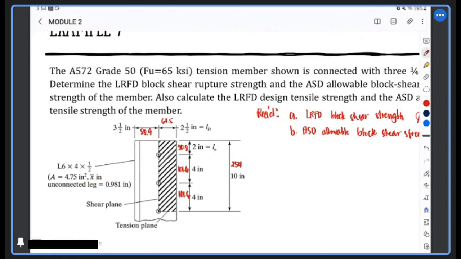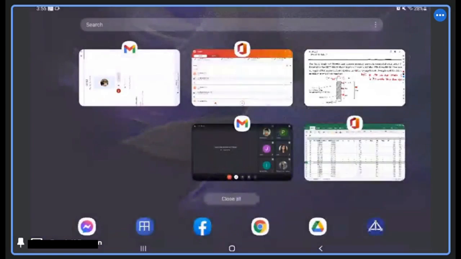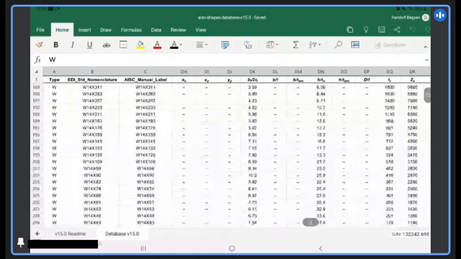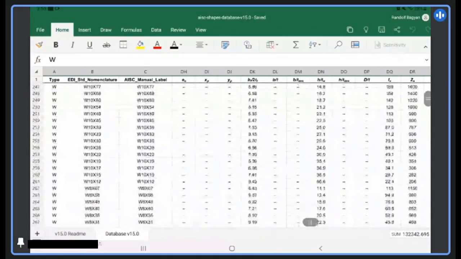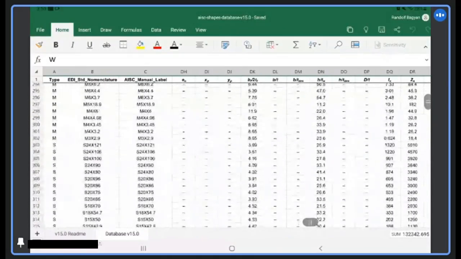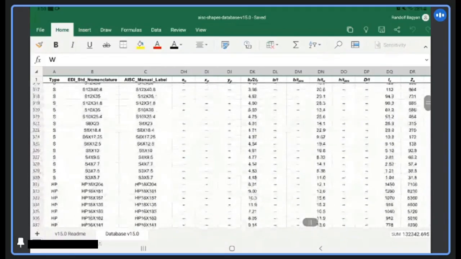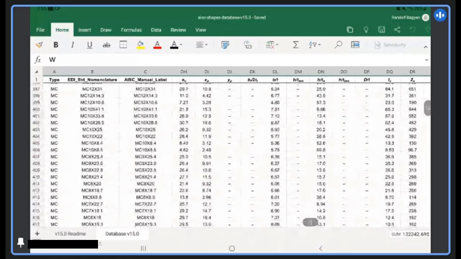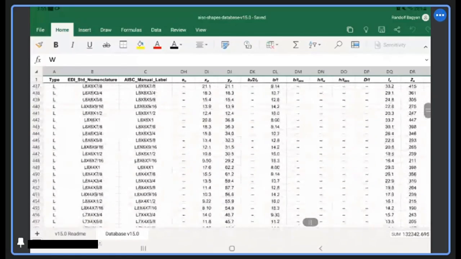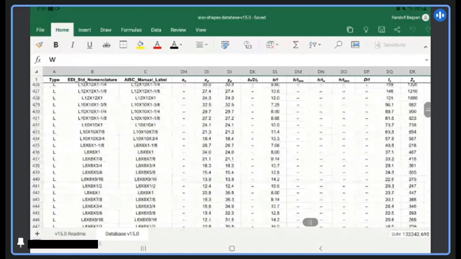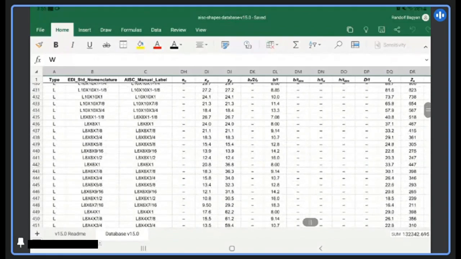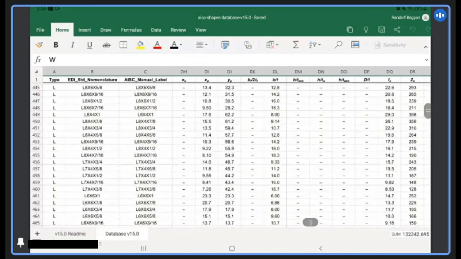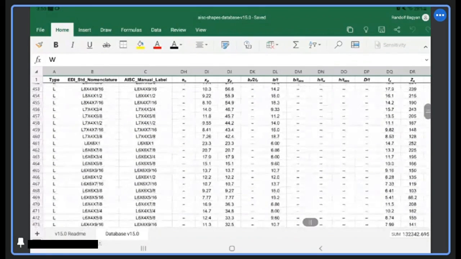You go to the angle section, L6 by 4, so hindi siya parehas ng legs, no? The other is longer. The other one is shorter. L6 by 4 by 1/2. Ibig sabihin nun, class, the longer leg is 6 inches. The other leg is 4 inches. Okay, and then the thickness of the angle is 1/2.